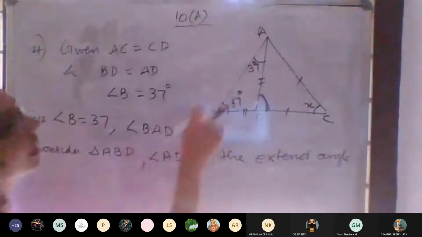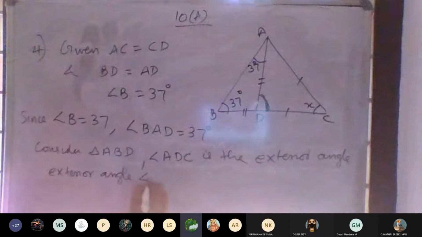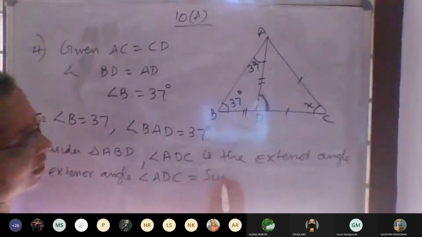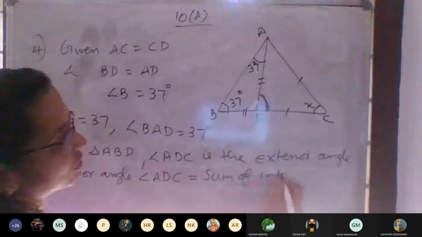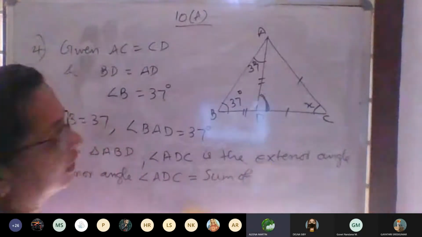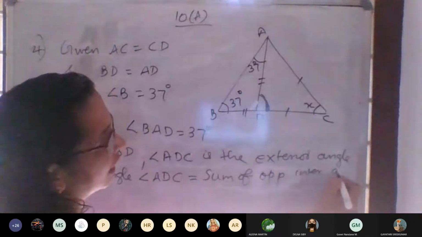If we consider triangle ABD, the exterior angle is equal to the sum of the opposite interior angles.